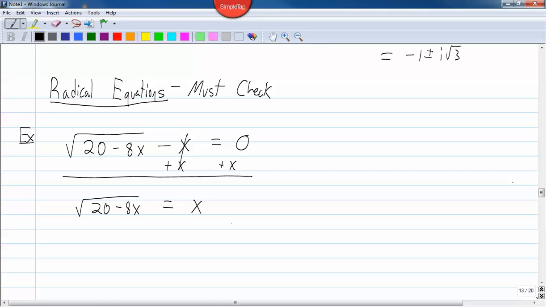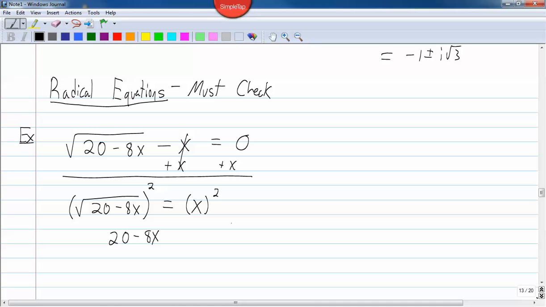The next thing you do, we want to get rid of the radical. The only way I can get rid of that radical now, since I have it by itself, is to square both sides of the equation. If you square a square root, that cancels out. So the left side is now 20 minus 8x.